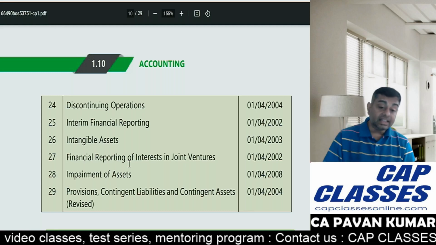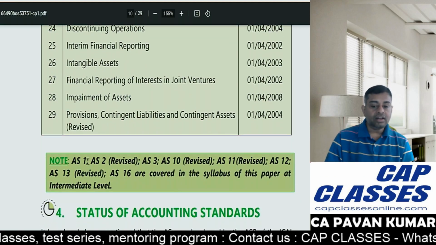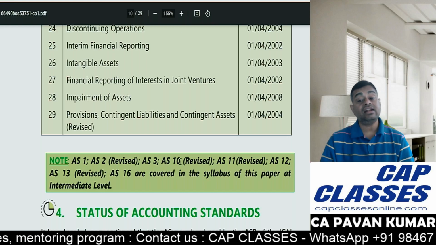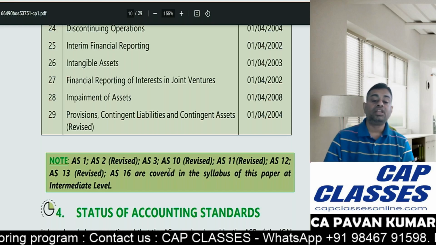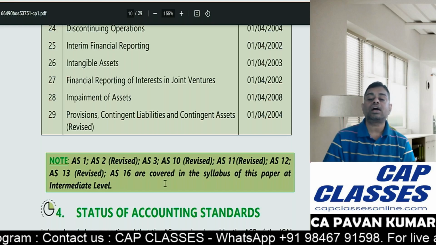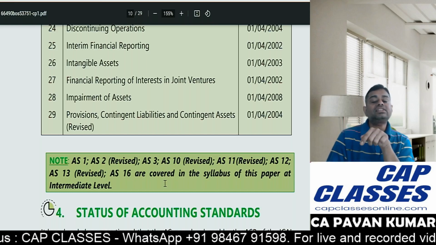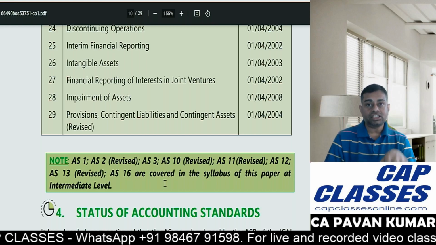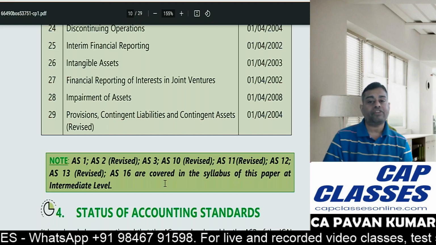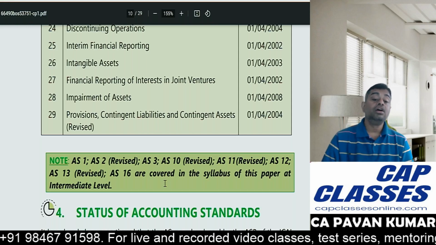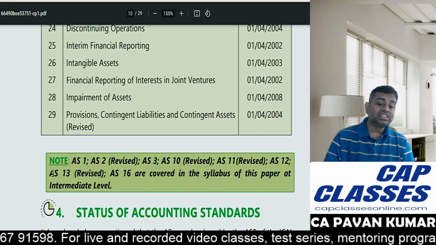In that, AS 1, AS 2, AS 3, AS 10, 11, 12, 13 and 16 are covered in the syllabus of this paper at the intermediate level. That means the remaining standards applicable for CA Intermediate students are there in Paper 5, Advanced Accounting. Now, this accounting standard 13 is there.